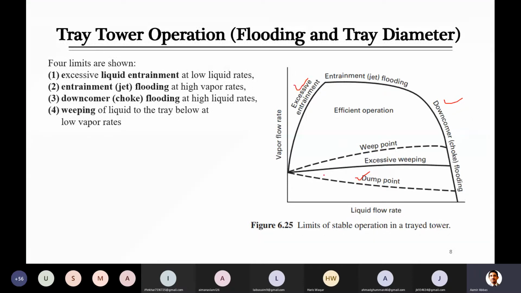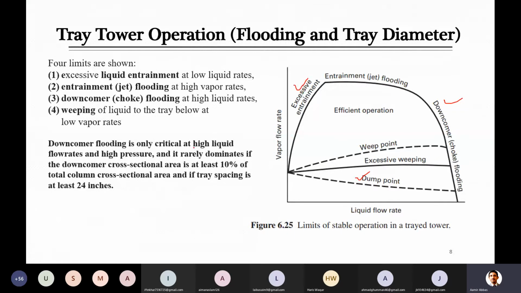The efficient operation of the trays or a column takes place in between these four boundaries, and those boundaries are excessive entrainment, then entrainment flooding due to the vapor, downcomer flooding, and excessive weeping. Efficient operation lies just in between them.